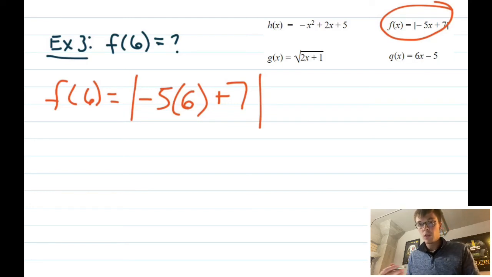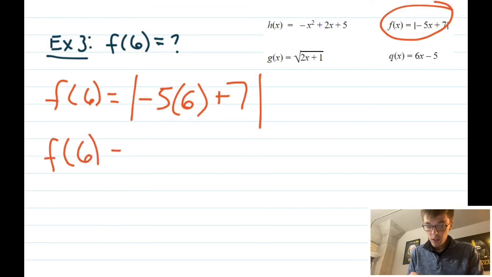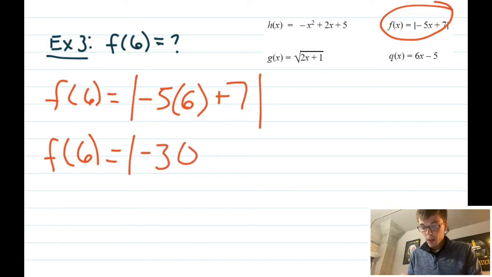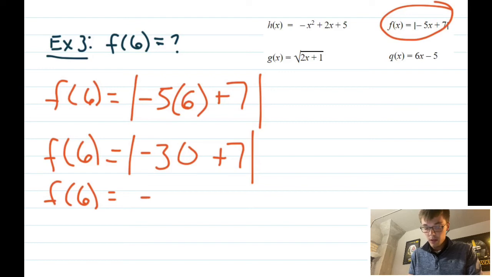Now, absolute value is just like the parentheses we've talked about, so we're going to do everything on the inside first. So f of 6 equals the absolute value. Negative 5 times 6 is a negative 30. Plus 7 comes down, still in the absolute value. Then we get f of 6 equals negative 30 plus 7, which is a negative 23, all still in the absolute value.